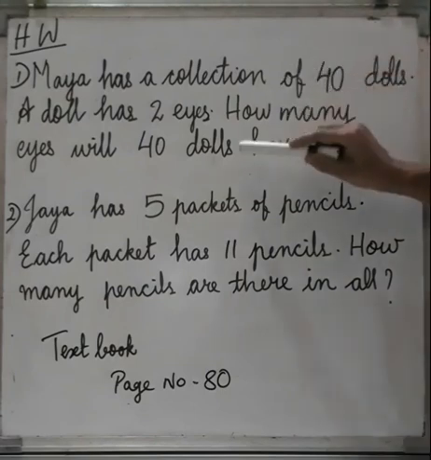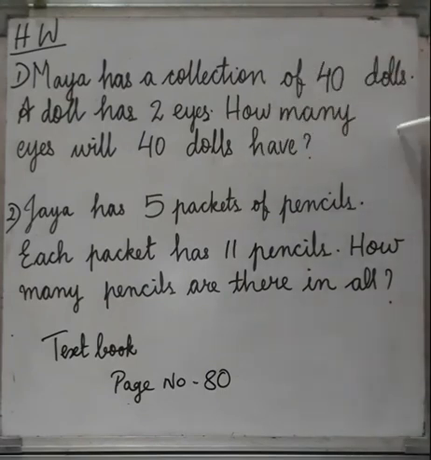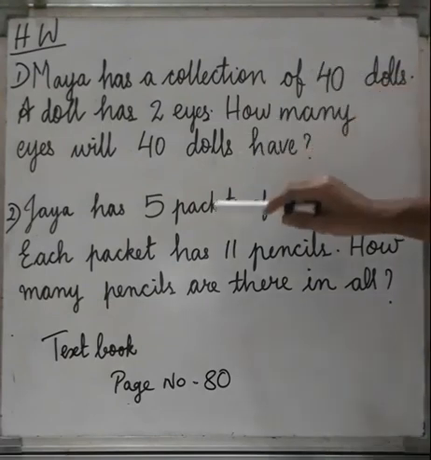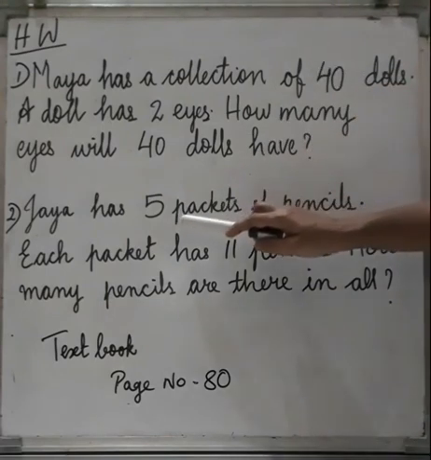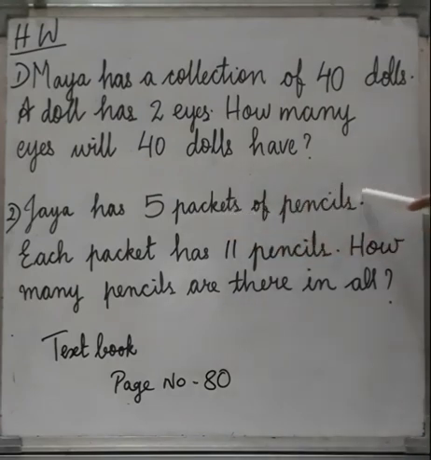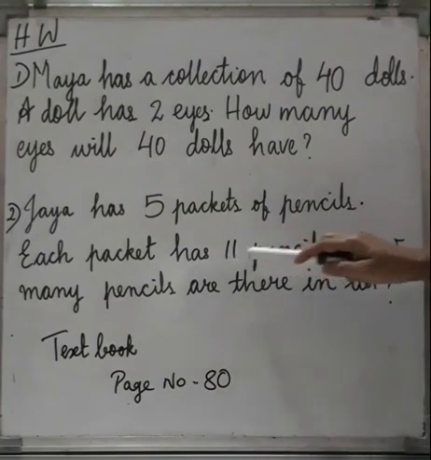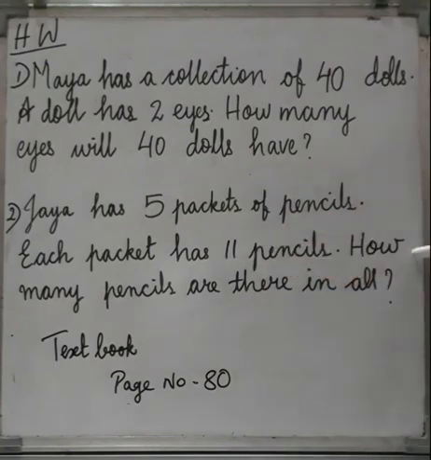You must write the steps. You must show the calculation. Then you write the answer. And the second question is, Jaya has 5 packets of pencils. Each packet has 11 pencils. How many pencils are there in all?